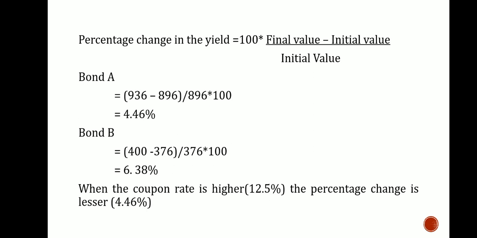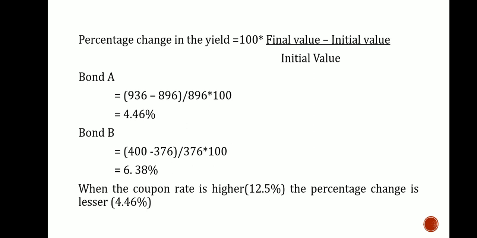Coming to bond B, at 14% yield, market price is rupees 400. At 15% yield, market price is rupees 376. Therefore, percentage change is 400 minus 376 divided by 376 into 100. We have 6.38%.